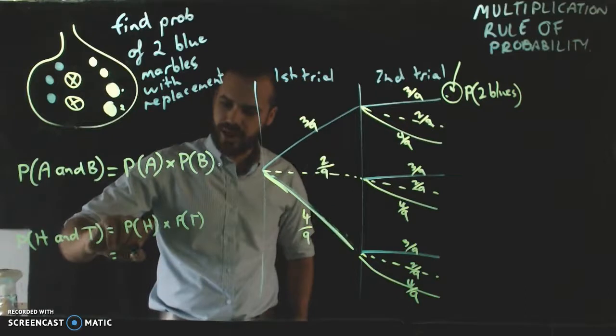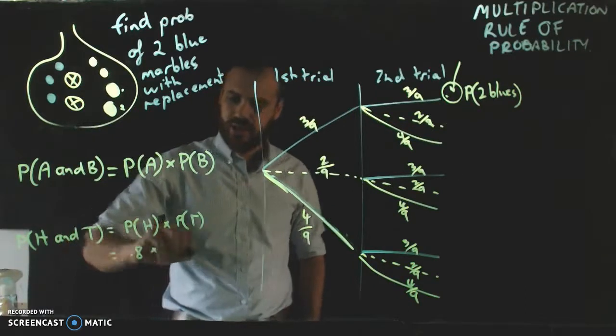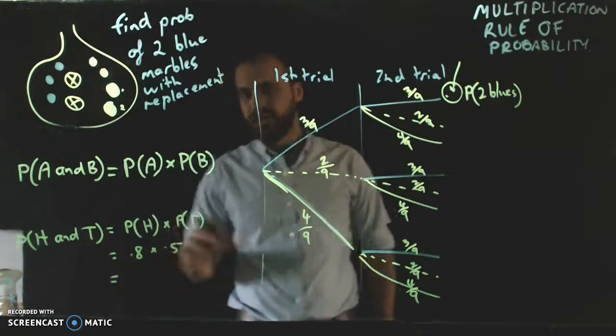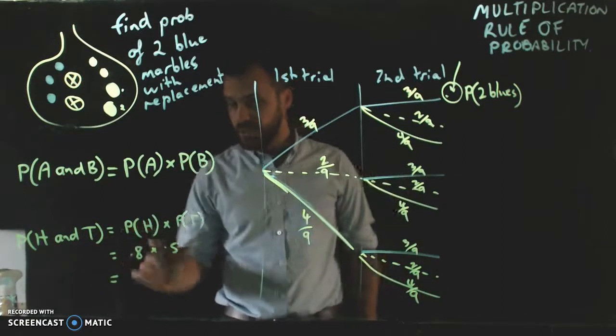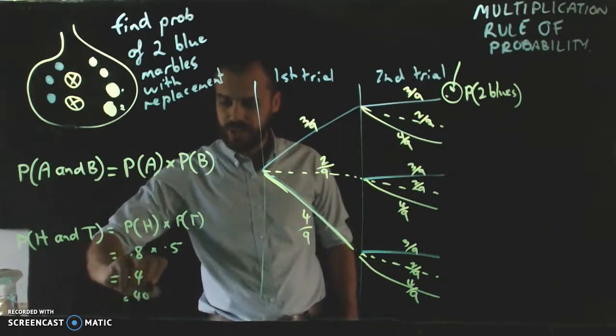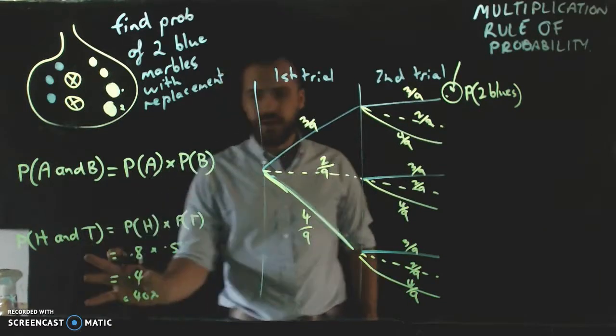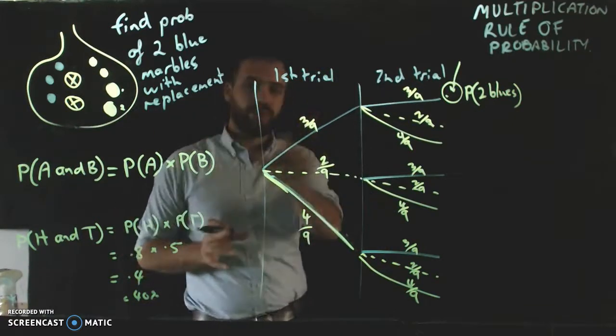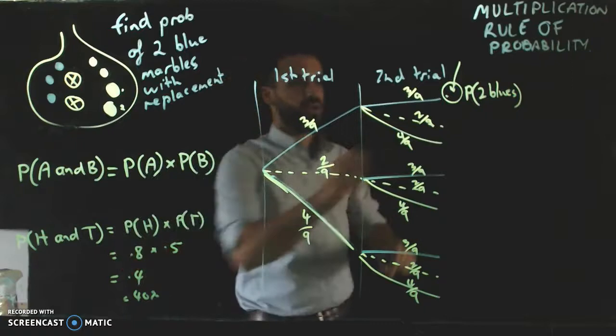I said homework had an 80% chance, and I said trash had a 50% chance. So the probability that on any given day you do both of those things is 0.4, or there's a 40% chance.